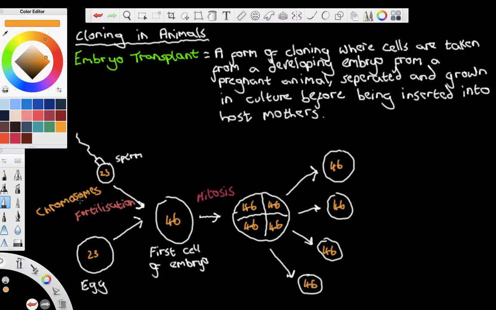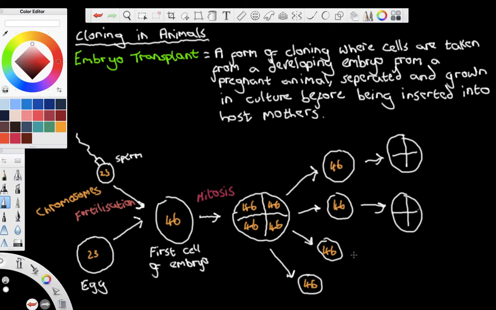They can then allow these cells to grow in the lab into their own ball of cells, each with 46 inside of them. They can allow them to grow into their own embryos. So each of these have got 46 inside of them because they've all undergone mitosis.